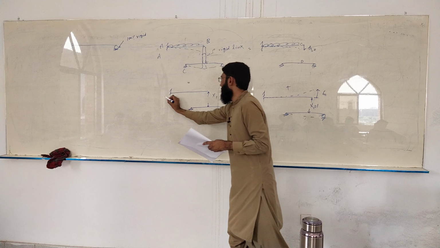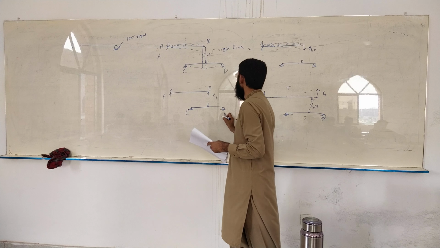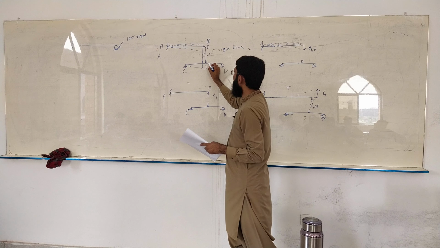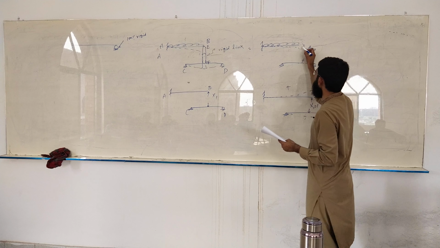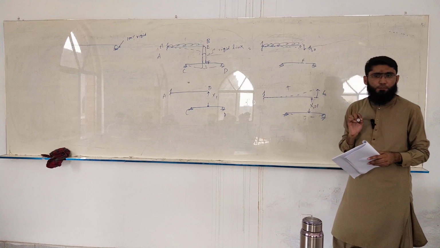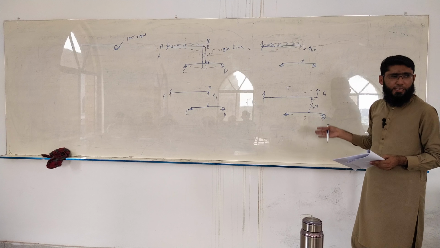I'm just changing this to A, B, C, D, and you could say this is E and F. So B and E are actually the same thing. Okay, let's go with E and F. That's fine. Whatever symbol you use, at the end of the day, you should end up with the same answer.